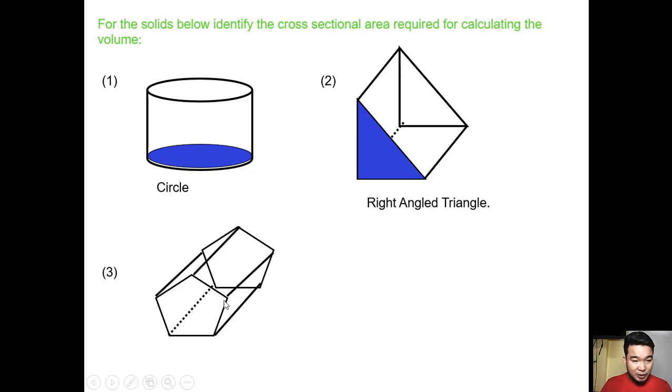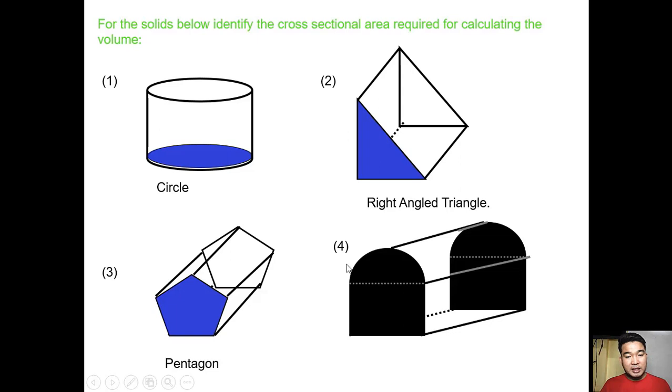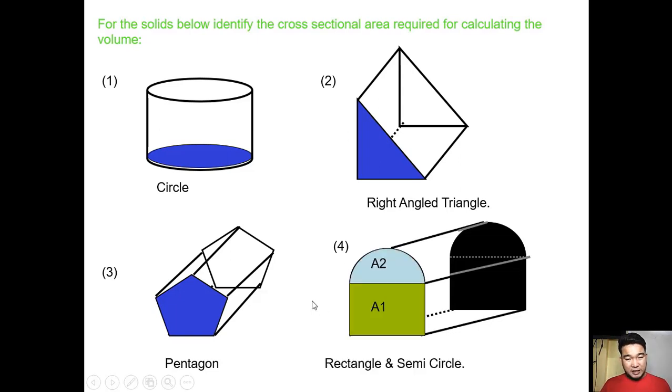And then we have 1, 2, 3, 4, 5. This is a pentagonal prism. And then this is a combination of 2 solids, a rectangle and semicircle. So this is a rectangular prism with 1/2 of the cylinder, a combination of 2 solids.